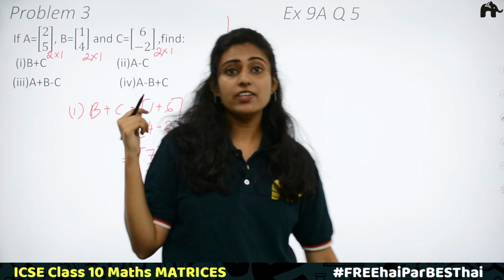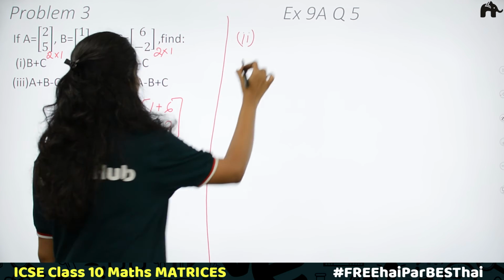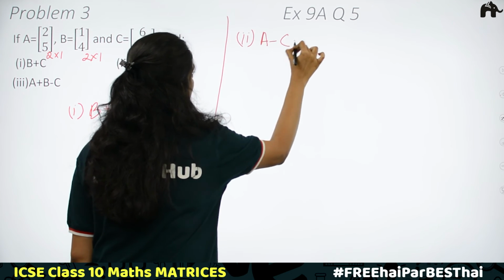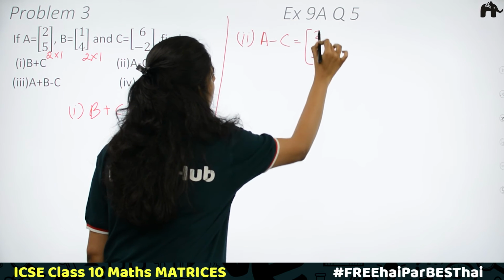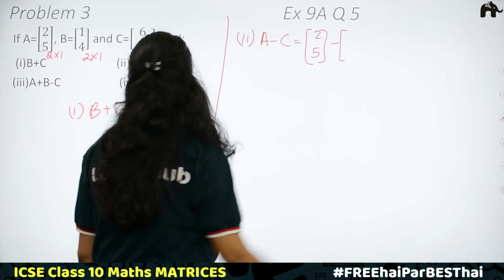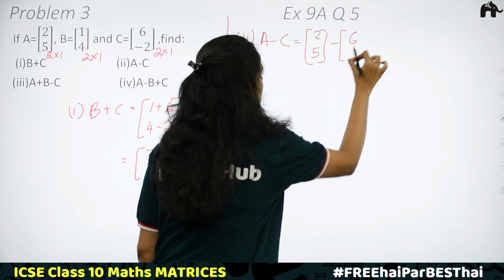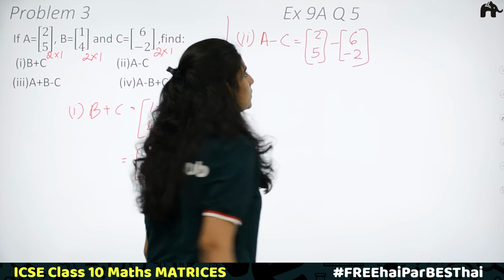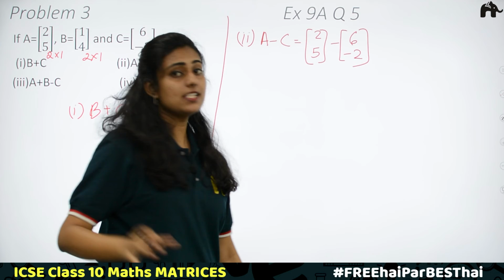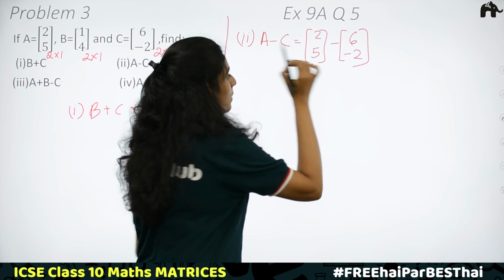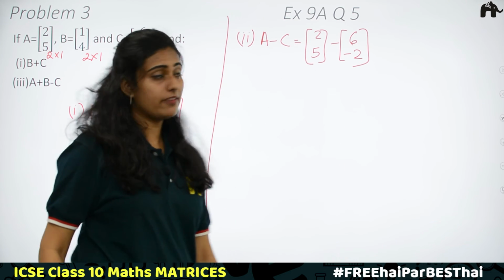Now, the second one we have to find A minus C. What is A? We have A is equal to 2, 5 minus C. C is 6 minus 2. Okay. This is subtraction of matrices. When you subtract two matrices, the order should be same. Here we have a 2 by 1 matrix. Here also we have a 2 by 1 matrix.